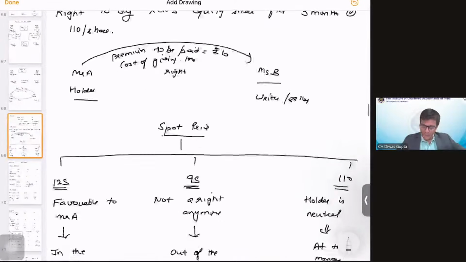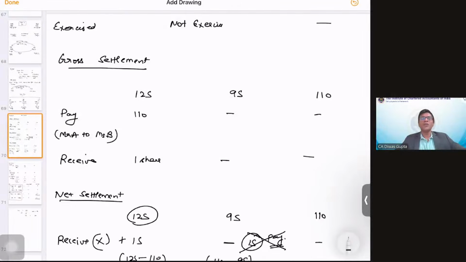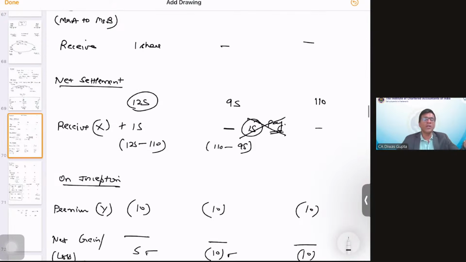Now, in this example we took the call option, where we discussed both types of settlements, gross settlement and net settlement. Gross settlement: actual delivery of the share will happen and the gross amount will be paid. Net settlement: only the net amount will be paid. Net amount means on expiry, the price of the underlying will be compared to the option price, and that net amount will be released to the option holder by the option writer.